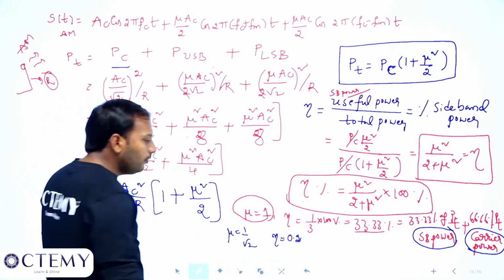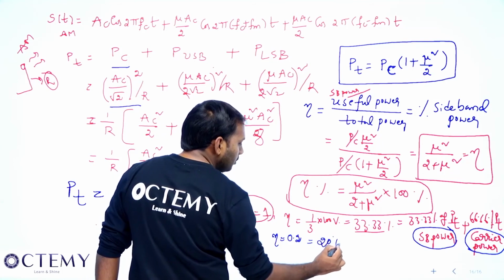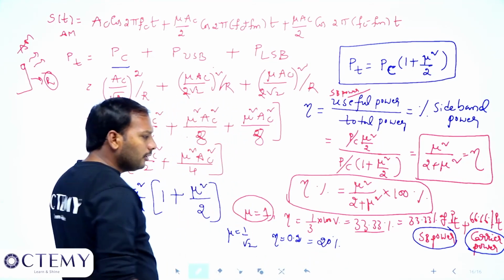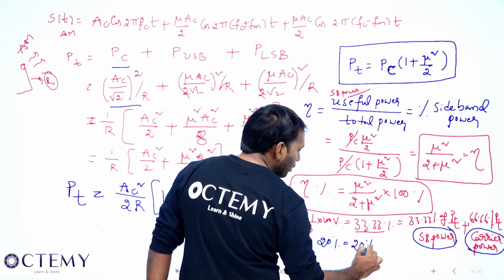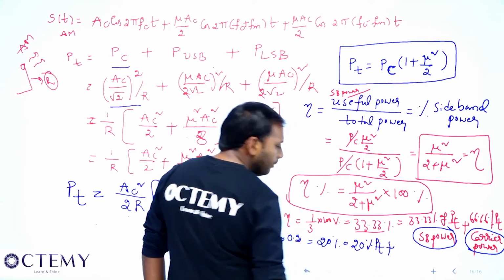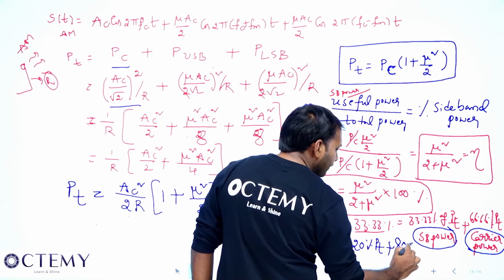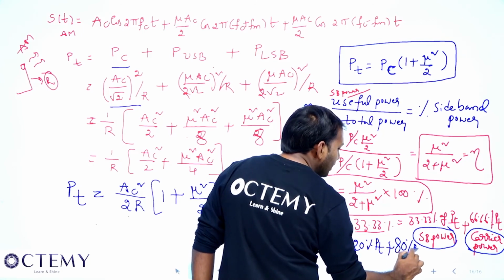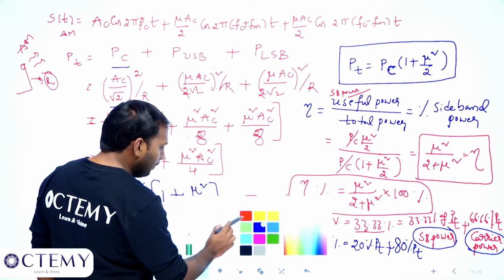0.2 means it is 20%. 20% of PT is the sideband power, and 80% is wasted here. 80% of PT is the carrier power.